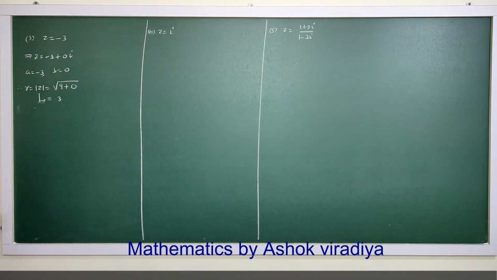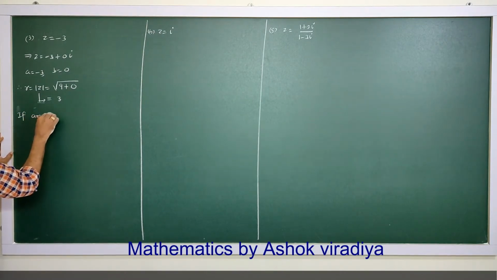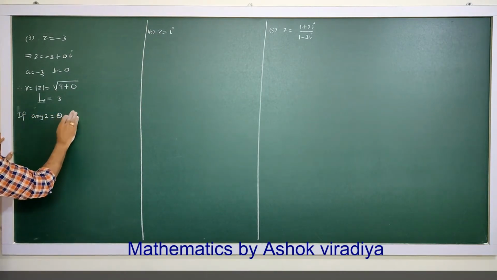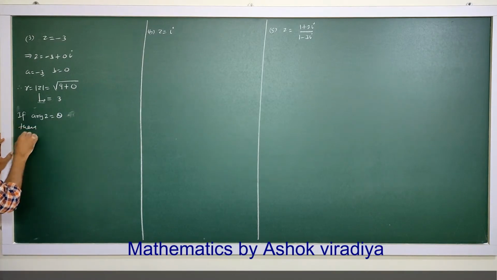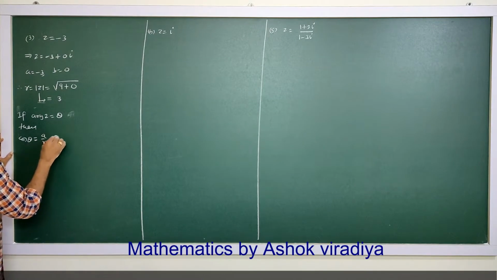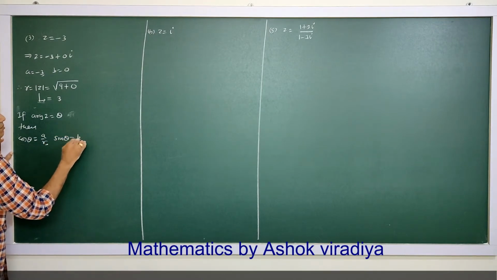Now for the argument of z, if the argument of z is theta, then cos theta is a by r, sin theta is b by r.